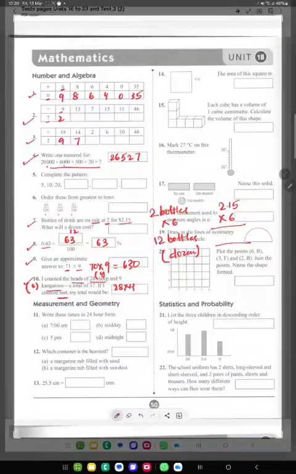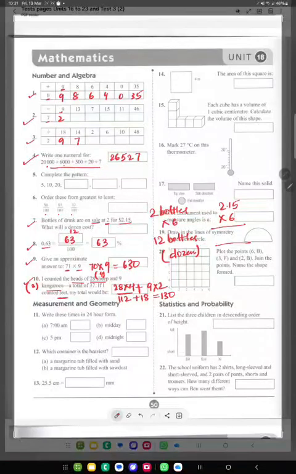So 28 times 4, and then you have to do 9 times 2 and add them. First you multiply. So 28 times 4, you can use your rough space to do this calculation. That will give you 112. 9 times 2 is 18, which makes 130. Okay, so answer 10 is 130.